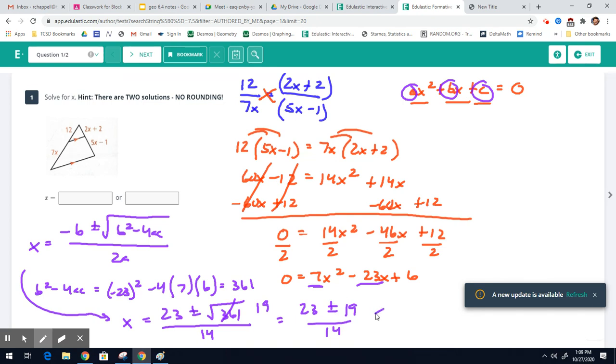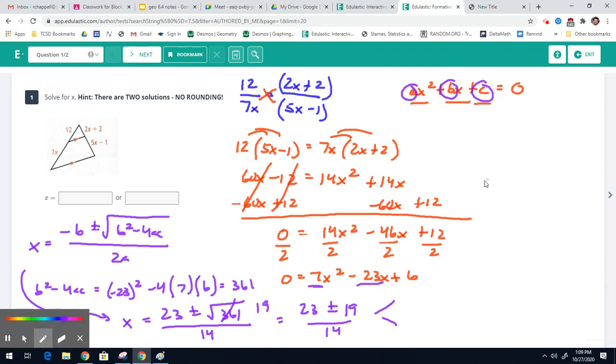And now this is two problems. Let me get rid of that box real fast. There we go. This is 23 plus 19 divided by 14, and 23 minus 19 divided by 14. Well, 23 plus 19 is 42, and 42 divided by 14 is 3.